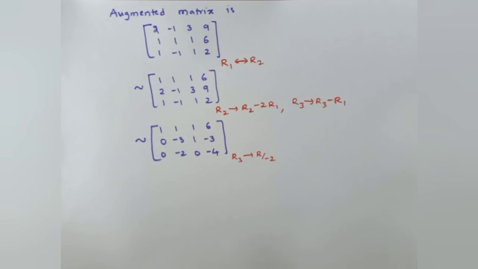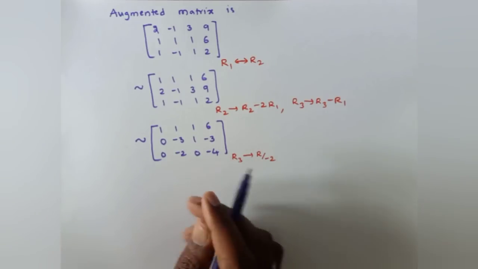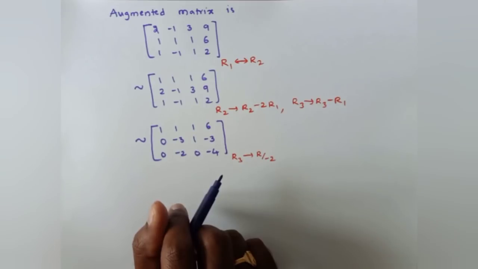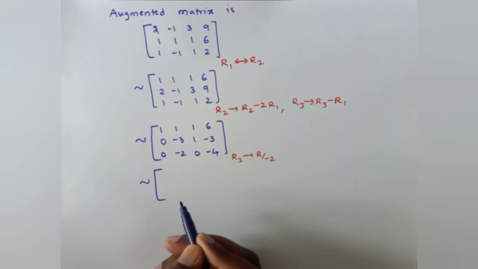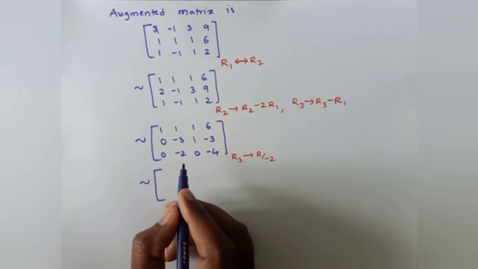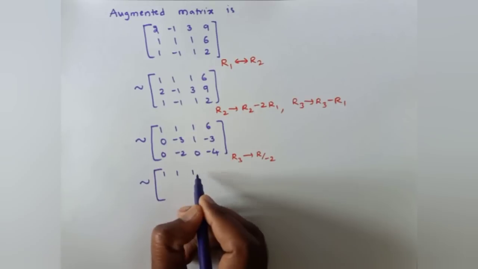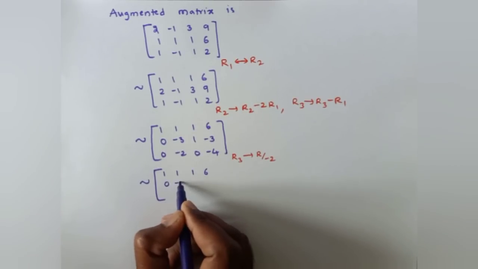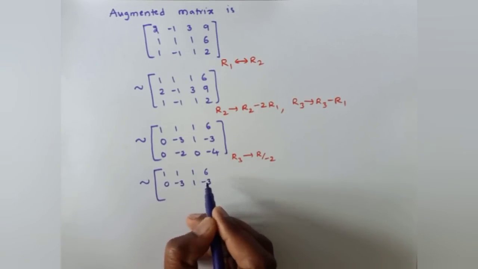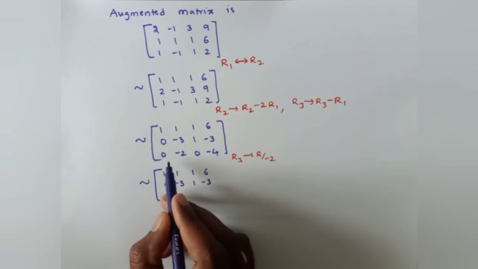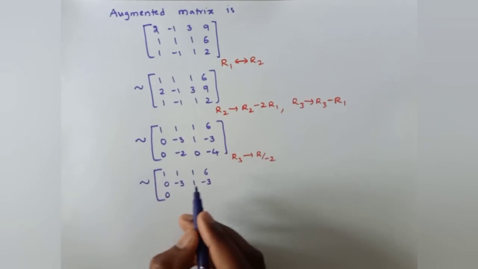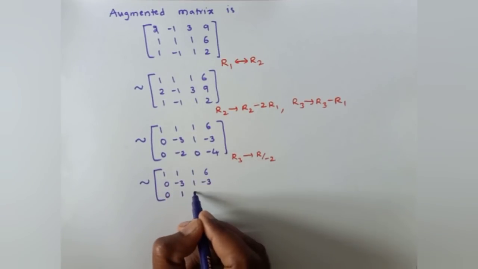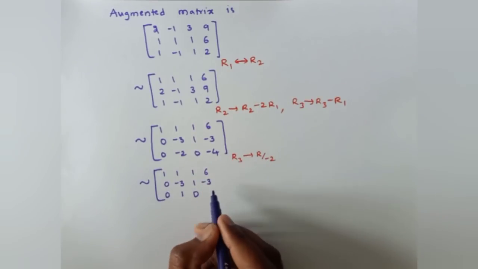You can apply any elementary transformation in a systematic manner, for your convenience. So 1 1 1 6, 0 minus 3 1 minus 3. Here I am applying only to row 3. Row 3 is divided by minus 2: 0 by minus 2 is 0, minus 2 by minus 2 is 1, 0 by minus 2 is 0, minus 4 by minus 2 is 2.